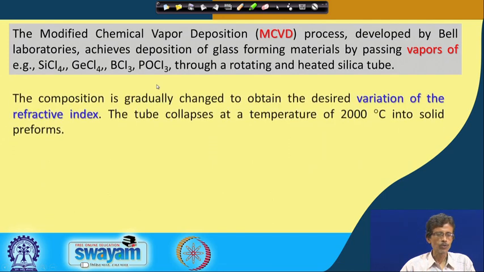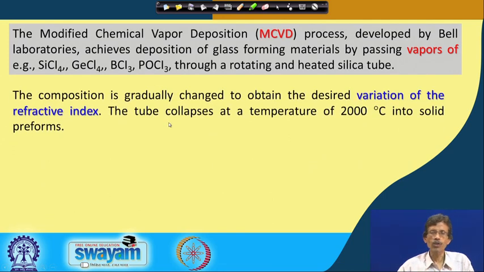So, that allows you to modify the glass material, even glass fiber material. When we have the core, the cladding glass and finally the cover, the composition of this material can be changed such that we have a variation of the refractive index.